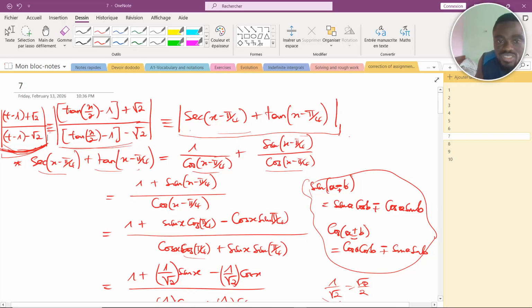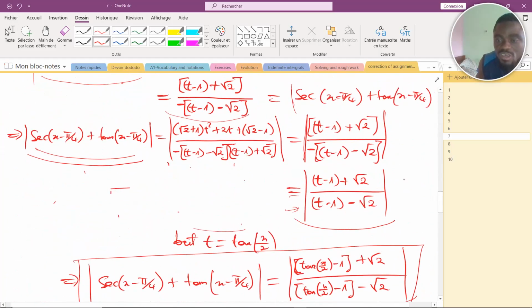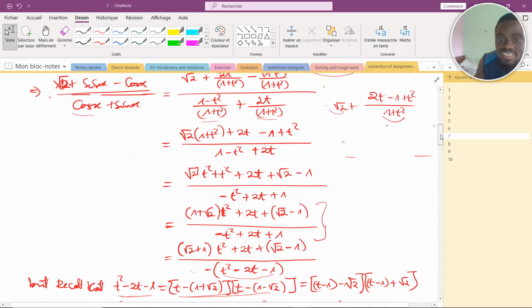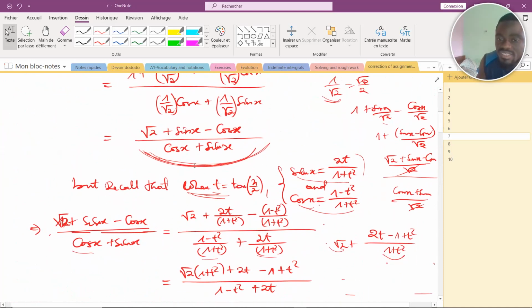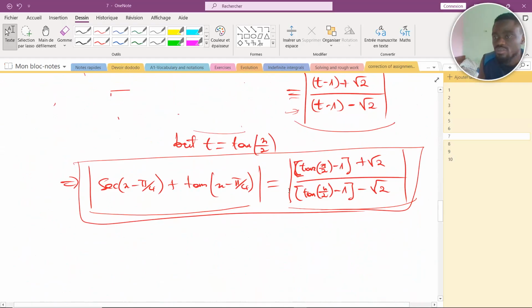First, write the expression that you want to verify in terms of t, using the substitutions you used previously. Is that okay? When you have your final expression in terms of t, recall what your t was, take your t and substitute it here, and you have proven everything. That's another technique I wanted you to remember in this exercise.